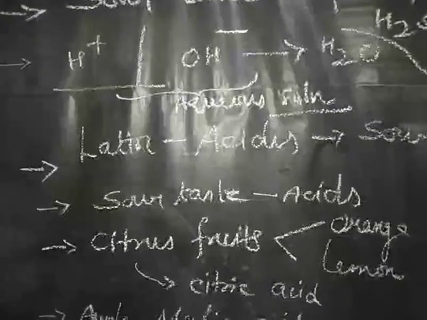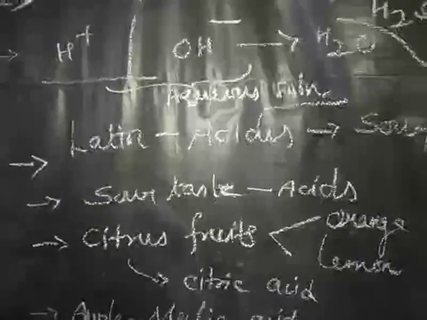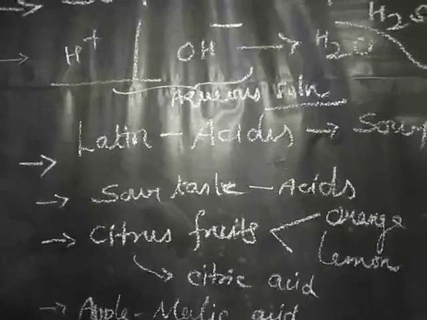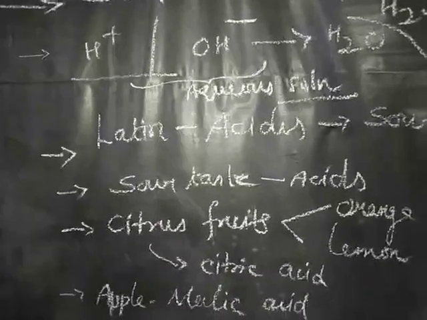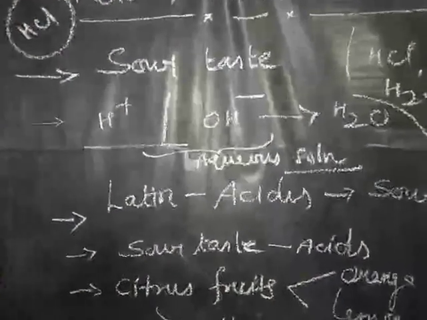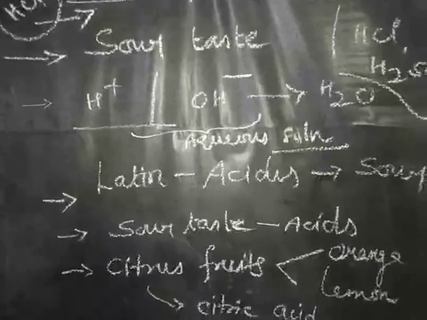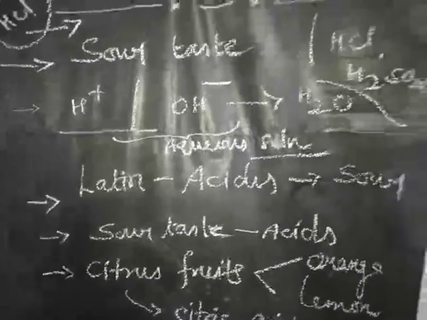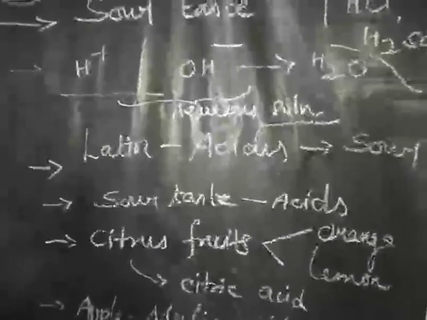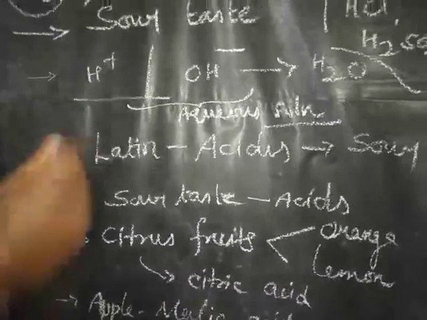In our body, metabolism is carried out with the help of acid. What type of acid is present in our stomach? Hydrochloric acid. With the help of hydrochloric acid, whatever materials we dump in our stomach are digested and converted into energy and waste products.